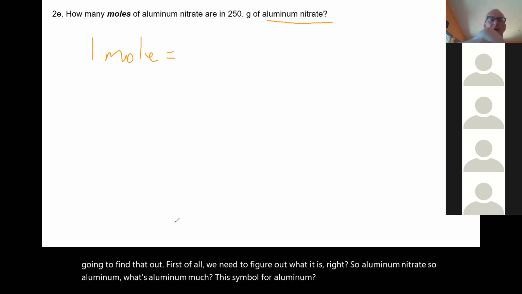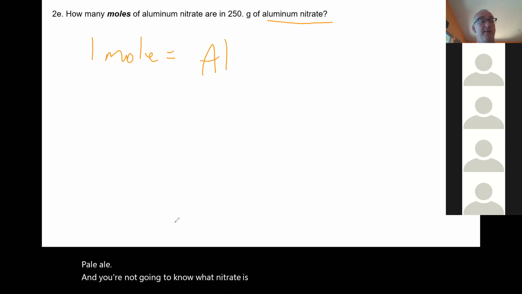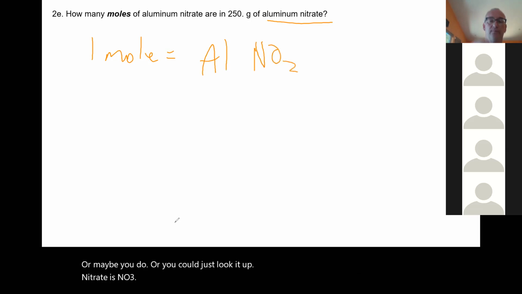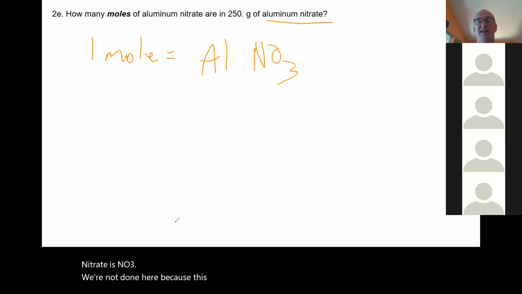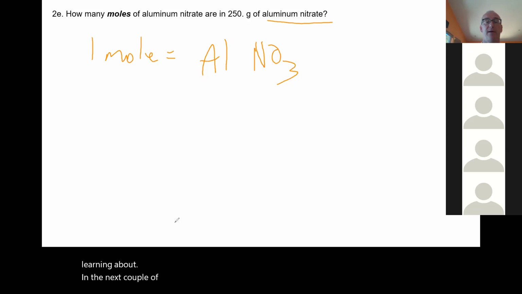Al. And you're not going to know what nitrate is yet, or maybe you do, or you can just look it up. Nitrate is NO3. Now we're not done here because this is an ionic compound, and this is something we're going to be learning about in the next couple of lectures. How do we know it's an ionic compound?